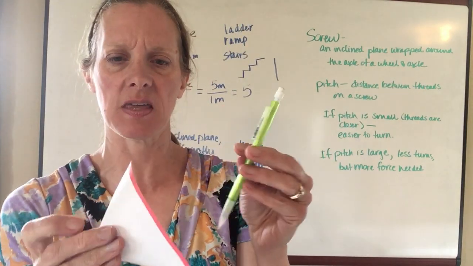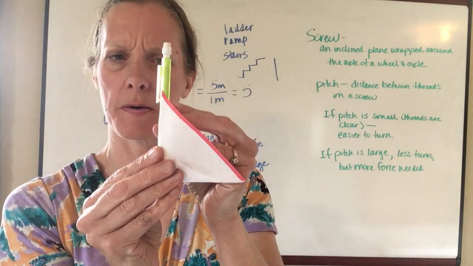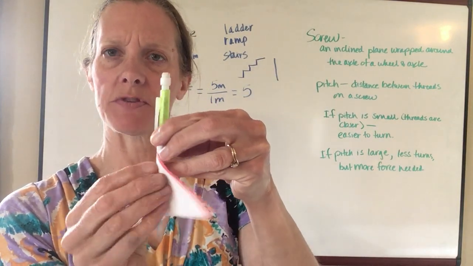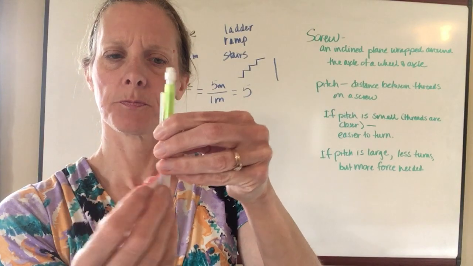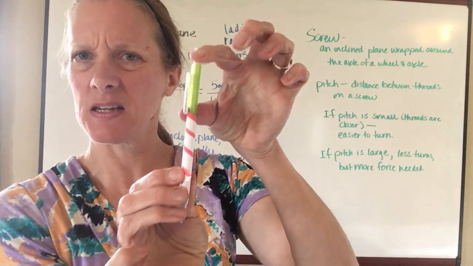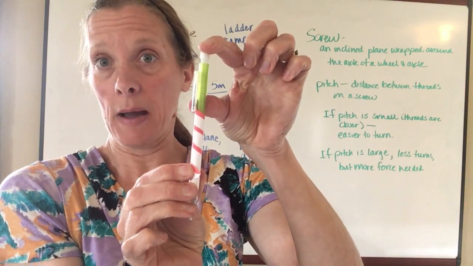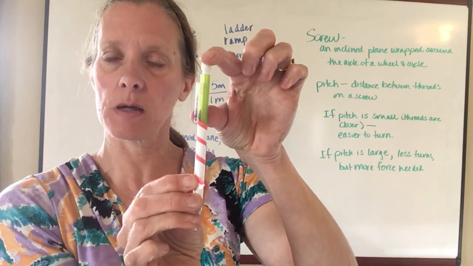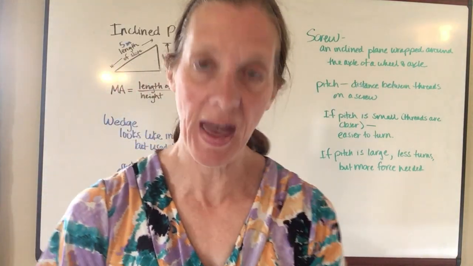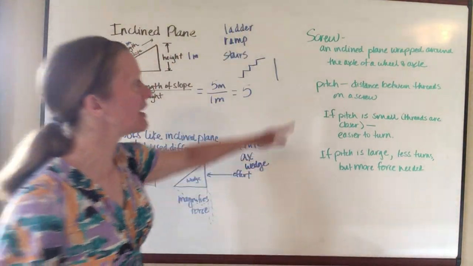If I take this inclined plane and wrap it around the shaft of this pencil, you can see that the red line looks like a screw. I've taken that inclined plane and wrapped it around this axle. That really is what a screw is.